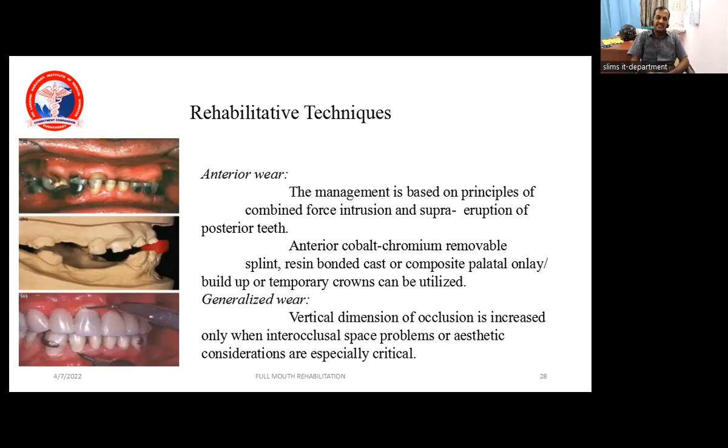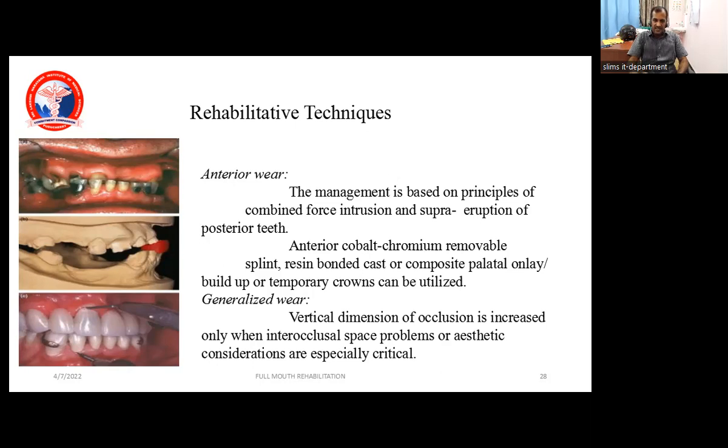not before that. And the next is, suppose the patient has generalized occlusal wear. Now the vertical dimension of the occlusion is increased only when the interocclusal space problem is corrected first.